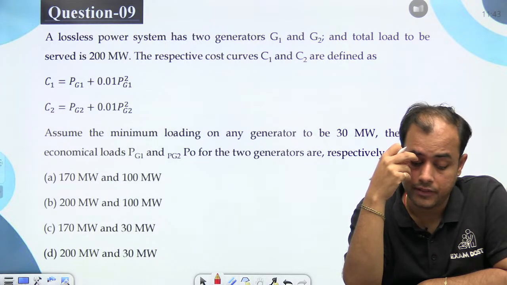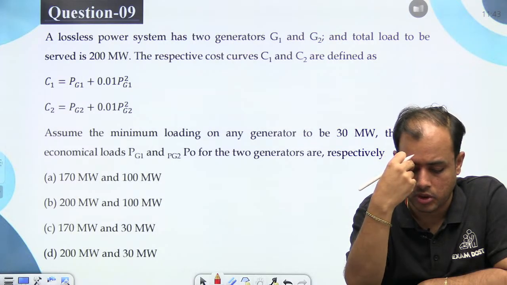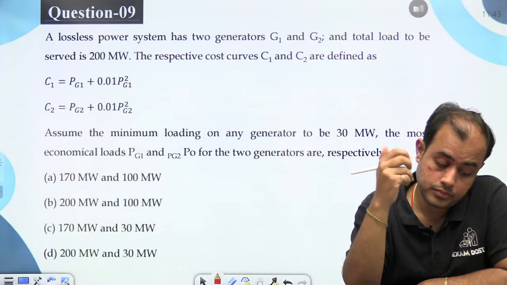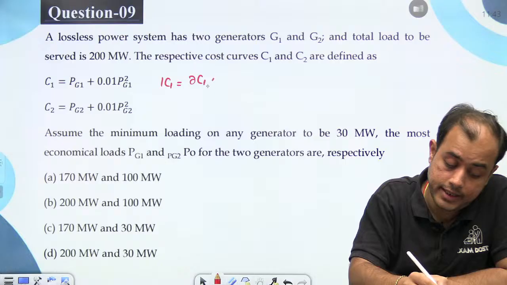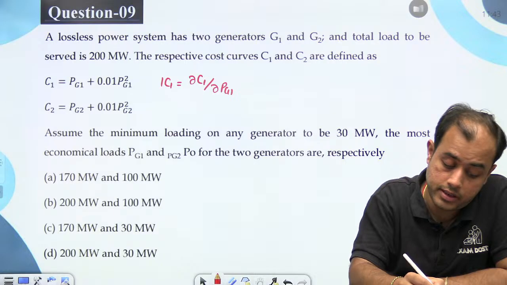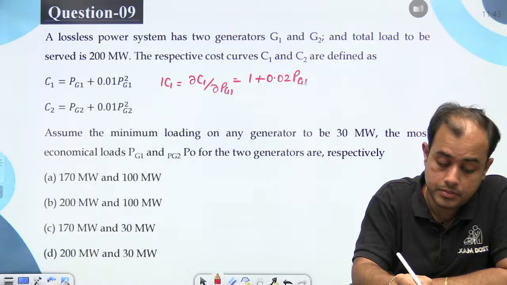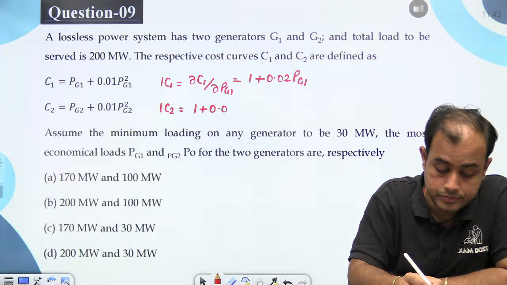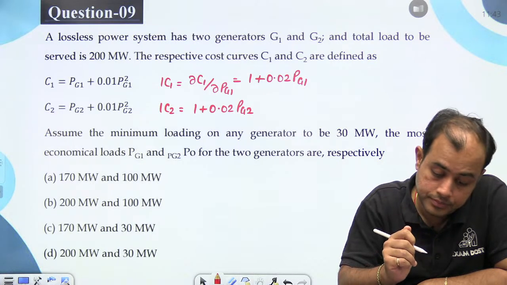A lossless power system has two generators G1, G2. Total load is 200 megawatt. Okay. So incremental cost is basically derivative of cost with power. So both curves are identical.